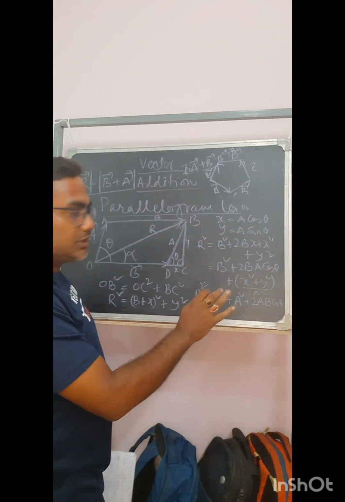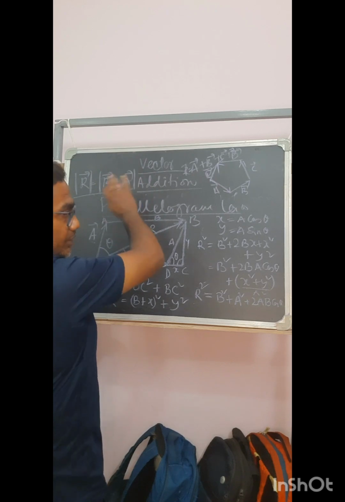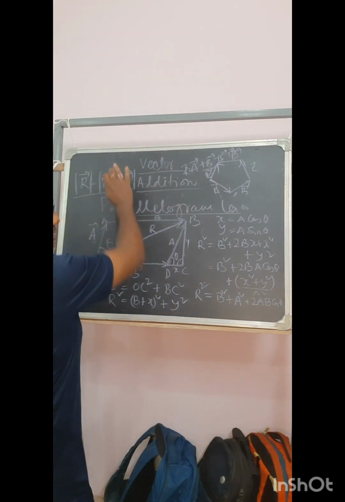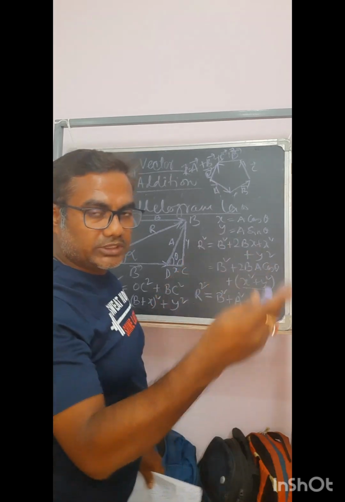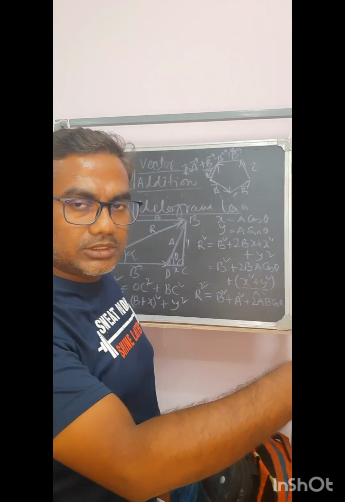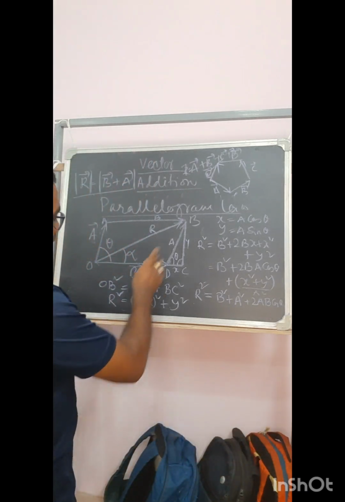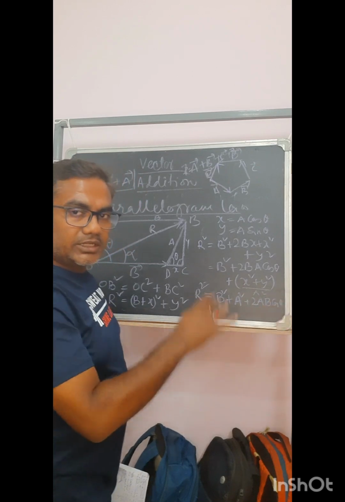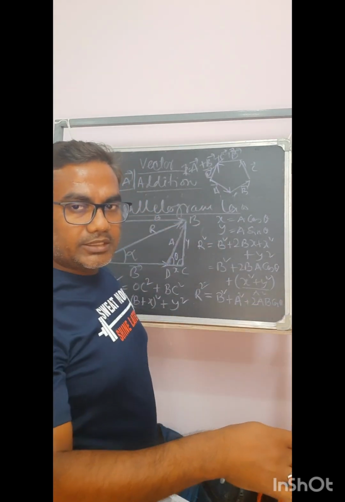Okay, don't confuse this with vectorial summation. This is actually vectorial summation, but there are two things: one is magnitude, one is direction. I cannot go with both together. Rather, I will establish the magnitude, and after that I will establish the direction.